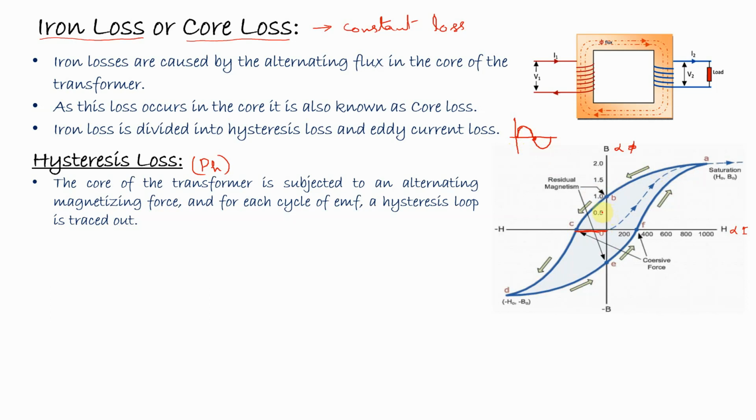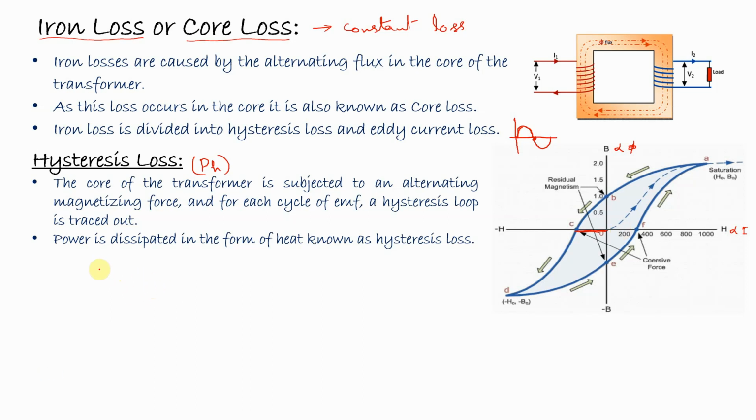So there will be a continuous magnetization and demagnetization process in the material. And due to this retentivity and coercive force, some losses will occur. This loss will be converted to heat energy and it will be considered as the loss. As the loss occurs because of the hysteresis loop that is created in the material, this is also called a hysteresis loss.